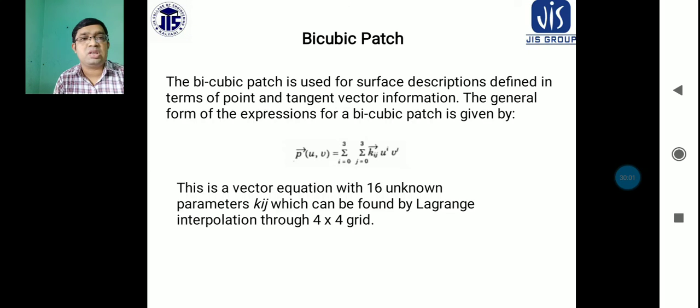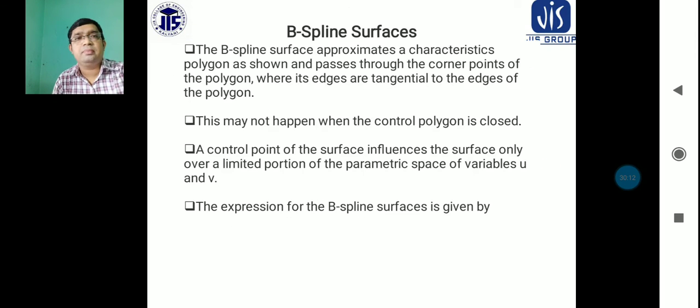This is a vector equation with 16 unknown parameters, the k_ij, which can be found by Lagrange interpolation through a 4 by 4 grid.